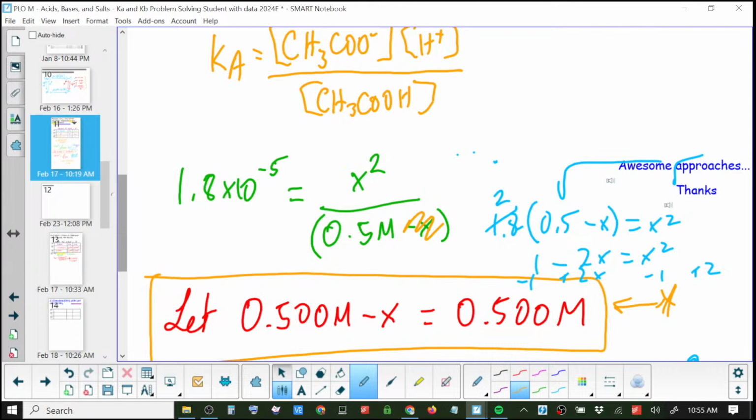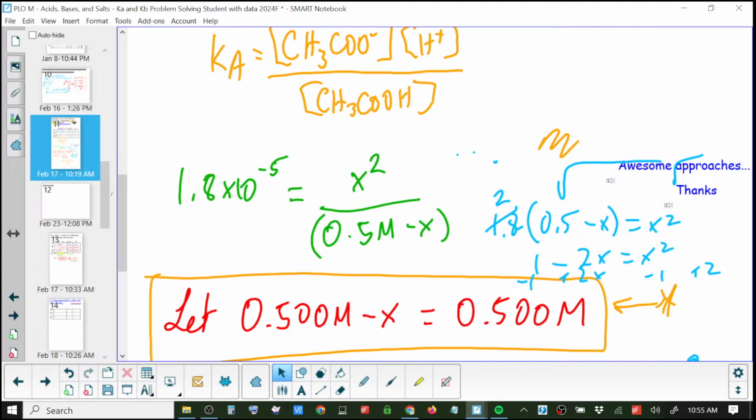I think this drove Eric almost insane last class because he says, well, you're saying x is 0, but it's not 0. No, we're saying 0.5 minus x is still 0.5. We're still solving for x. It's just that when it's subtracted from a really big number, the big number just remains. It's 0.499999999, so who cares?